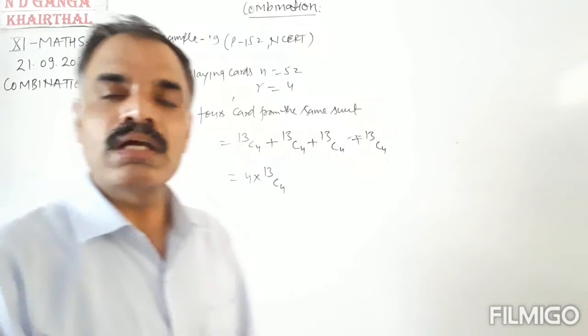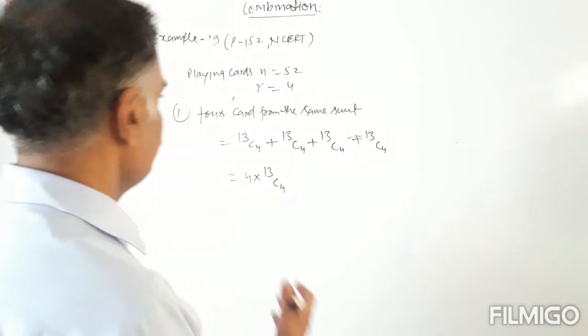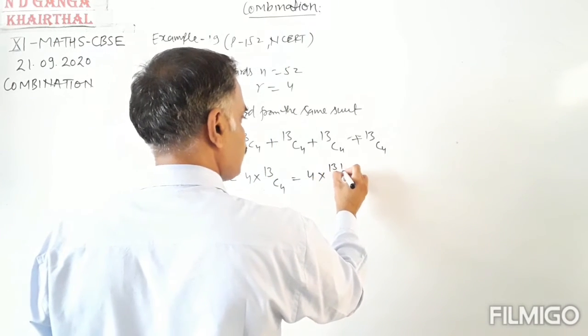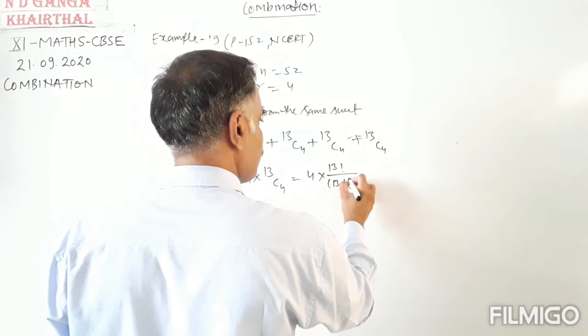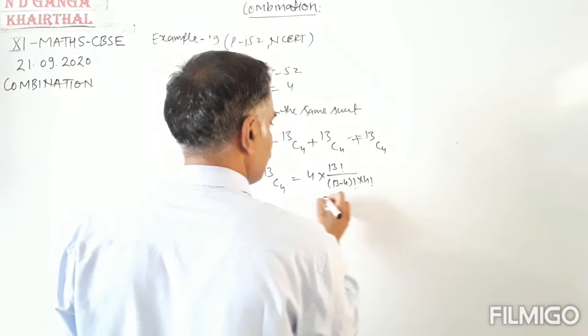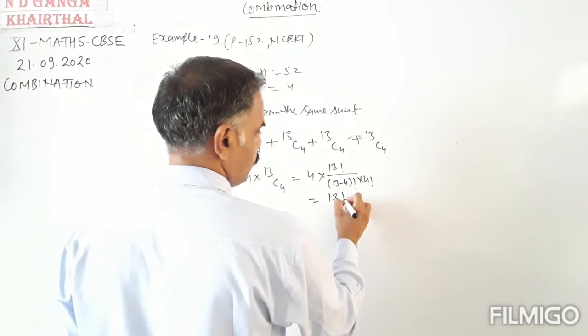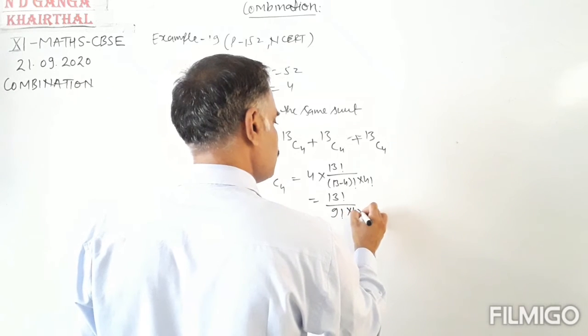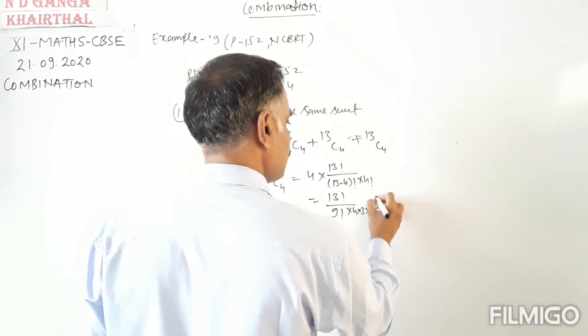Now we have to calculate this. 4 into 13 factorial upon (13 minus 4) factorial into 4 factorial equals 13 factorial upon 9 factorial into 4 into 3 into 2 into 1 into 4.